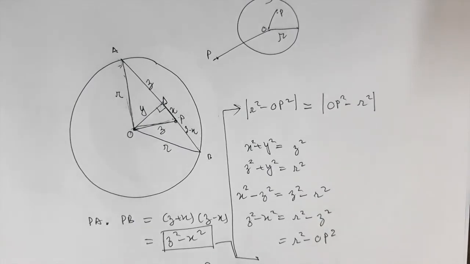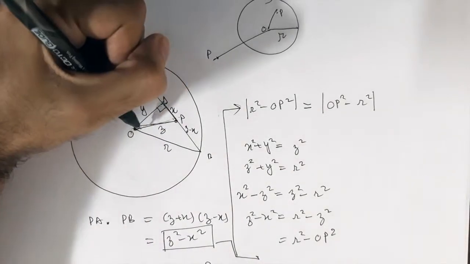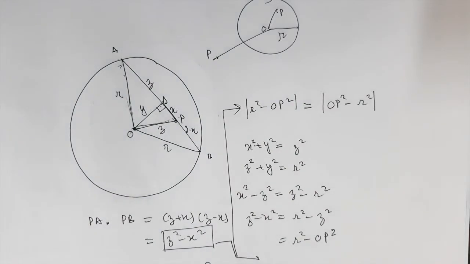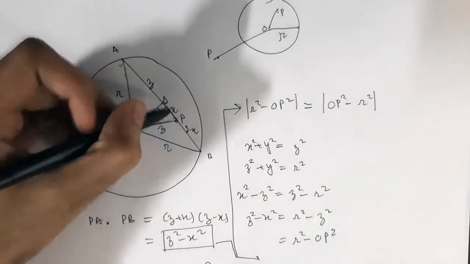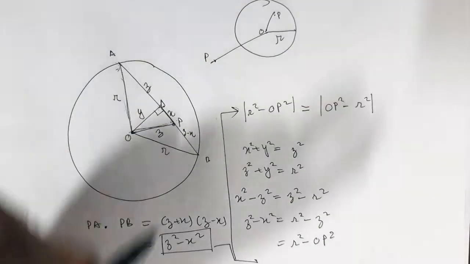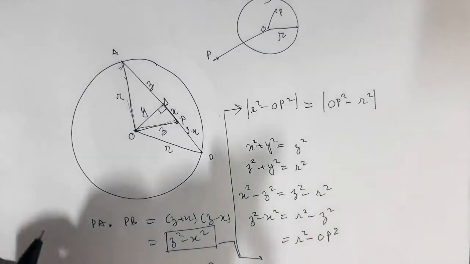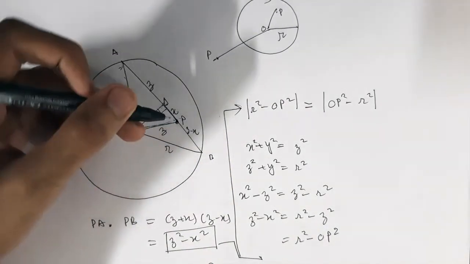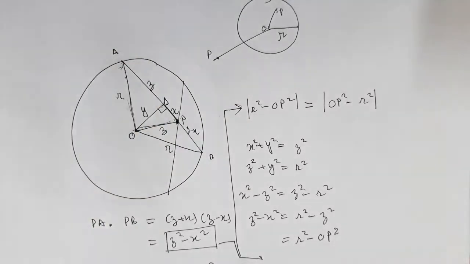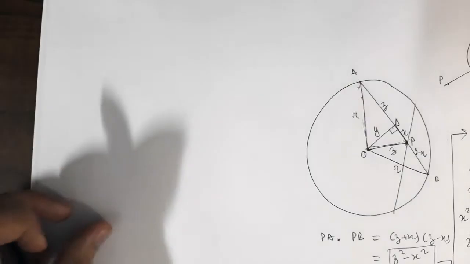So now we know that the power of a point, which we defined as OP square minus R square, is also equal to, for any line passing through P intersecting at A and B, PA into PB. Now with this we have basically proven this for all possible lines. We can just change the configuration of PA into PB, but we can also prove it in another very nice way.